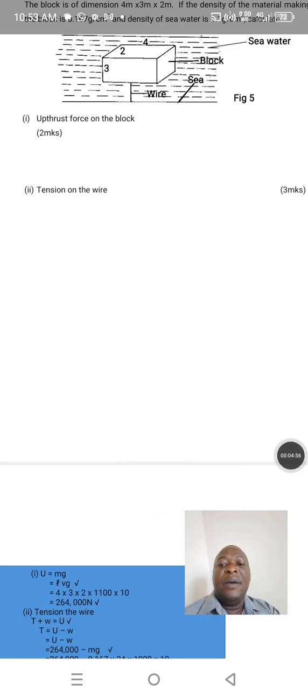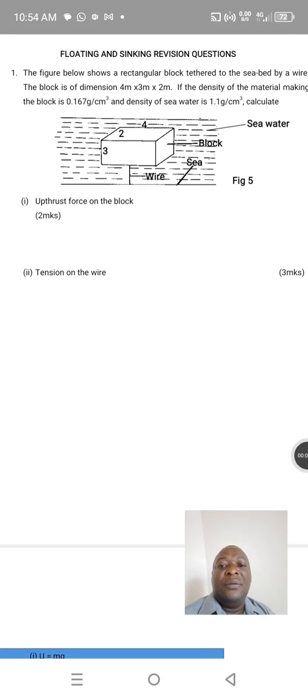For (ii), which is the tension on the wire. Now, the block is being pulled towards the seabed. Therefore, the direction of tension is downwards. The weight of the block is also downward.